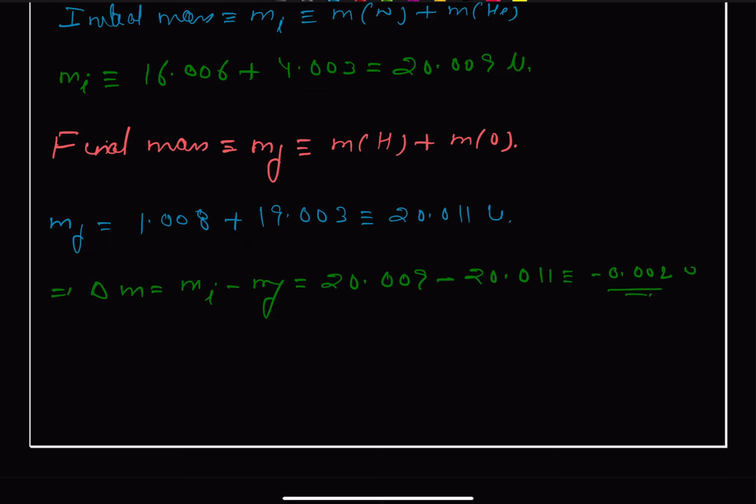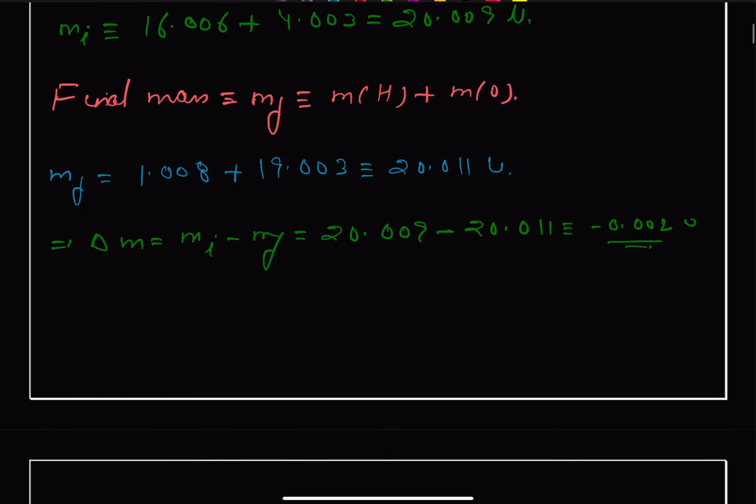Now we can find out our Q value. We get our Q will be equal to delta m, our minus 0.002, multiplied by 930. This comes as minus 1.86 mega electron volt.